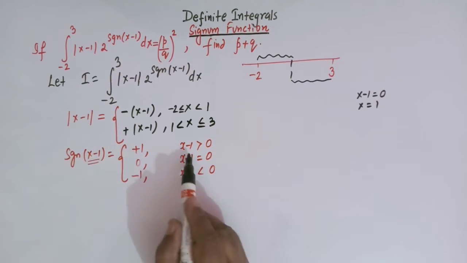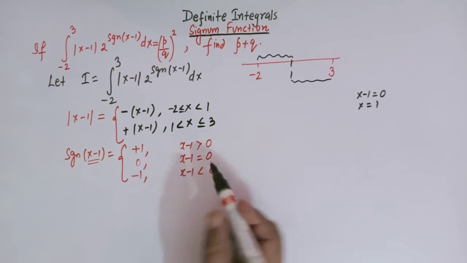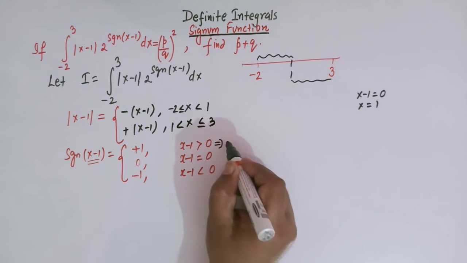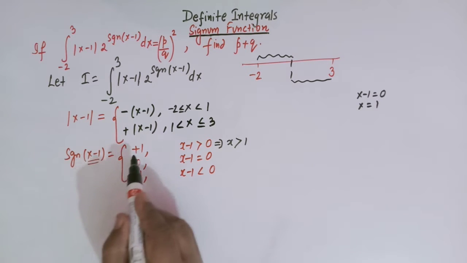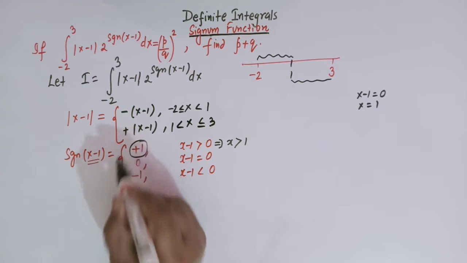This we have written by virtue of the basic definitions of absolute value function and signum function. Now whenever x is greater than 1, that is in the interval from 1 to 3, signum of (x - 1) takes the value plus 1.